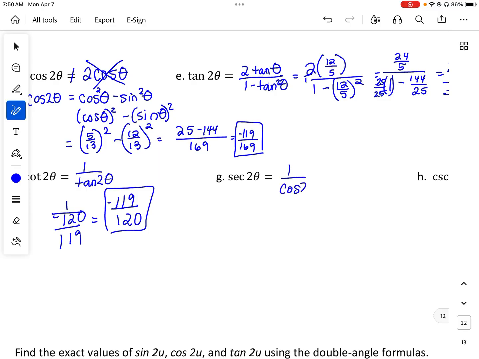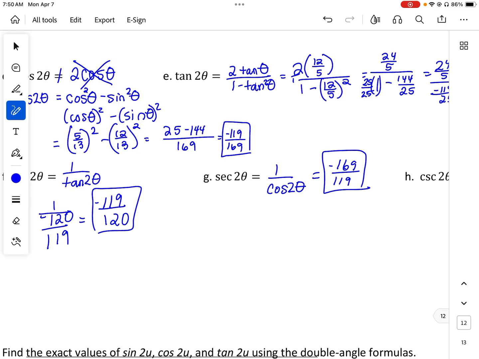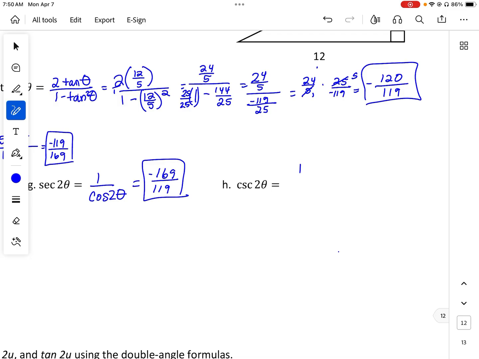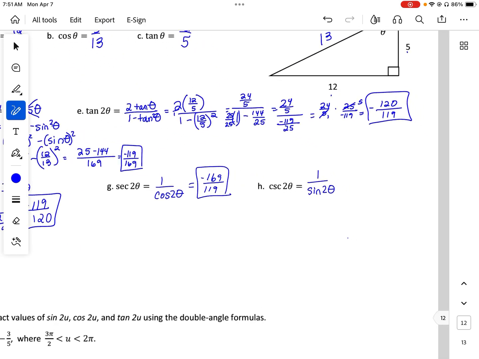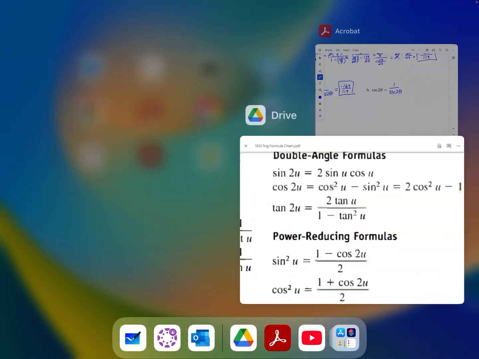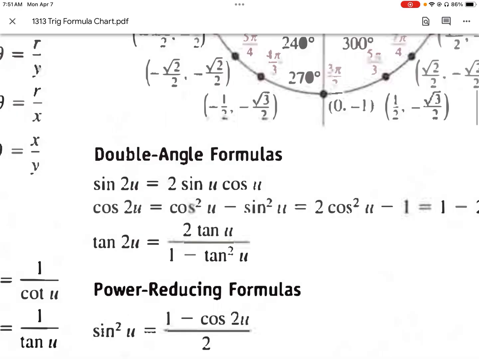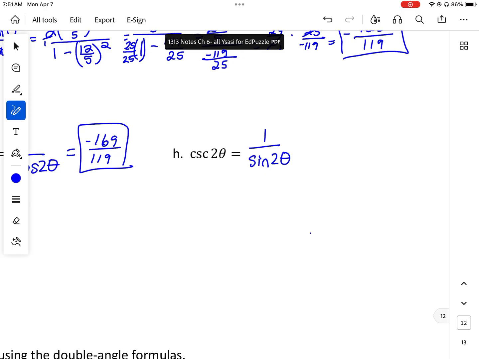All right, secant 2 theta means 1 over cosine 2 theta, so we can just flip it. That's what that means because it's 1 over something. So it's going to be negative 169 over 119. Cosecant is 1 over sine 2 theta. We did not do that one, so we're going to have to do that. Look at your formula. It is the sine one: 2 sine theta cosine theta.